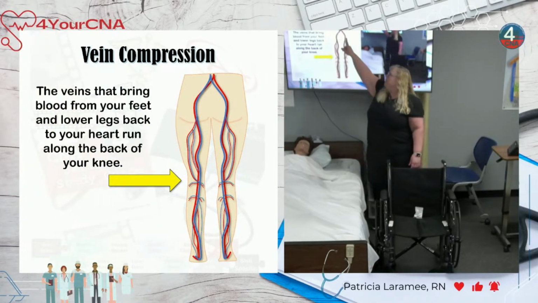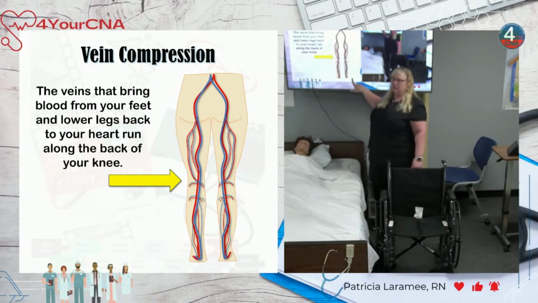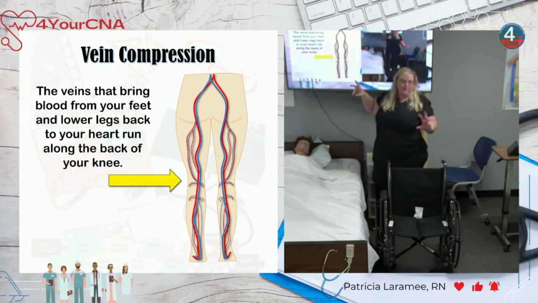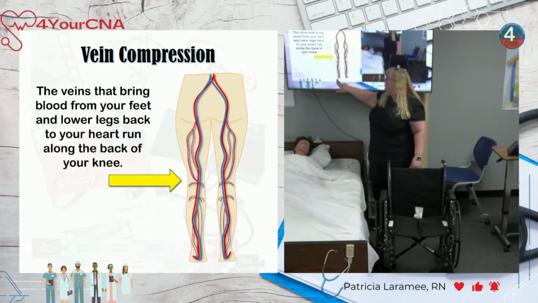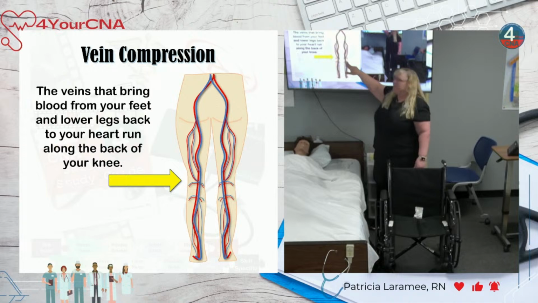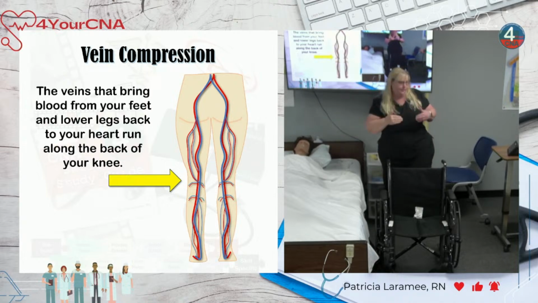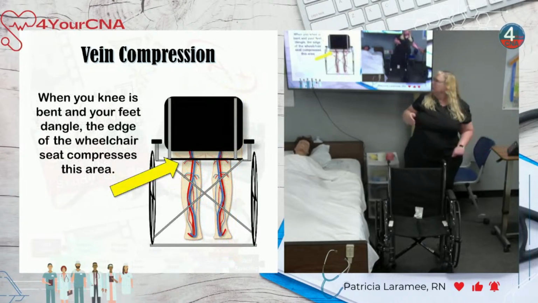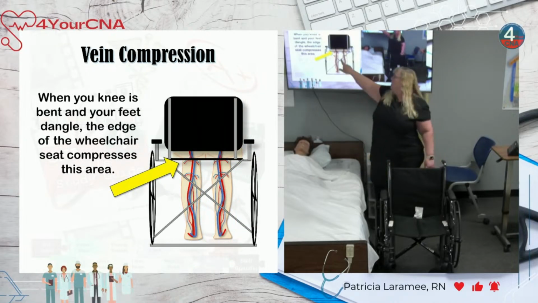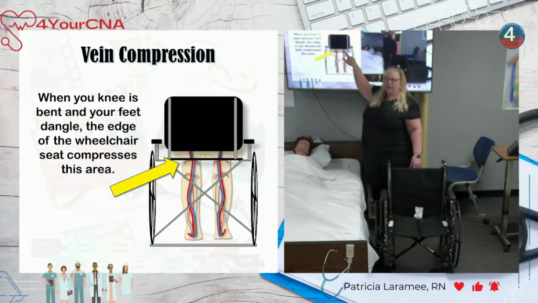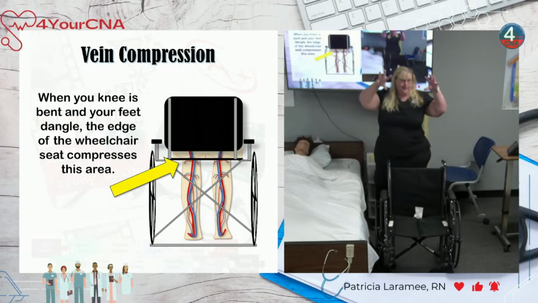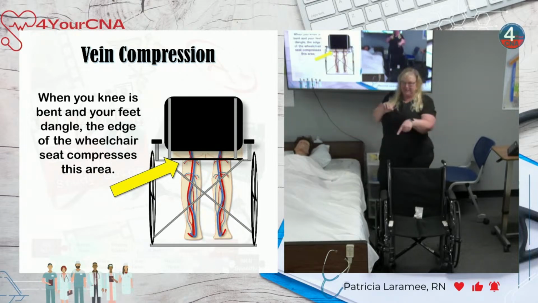Because running down the backs of your legs are arteries and veins. Arteries are bringing blood down to your feet. Veins are bringing blood back to your heart. Now, these arteries and veins get very close to the surface behind the knees. And when we sit, those areas behind the knees get compressed by the edge of the seat.